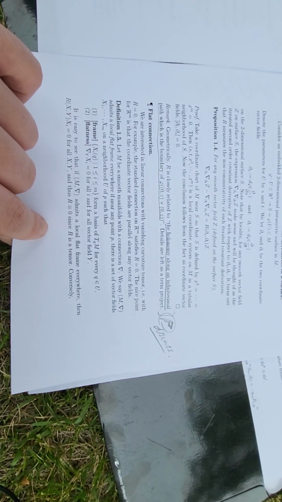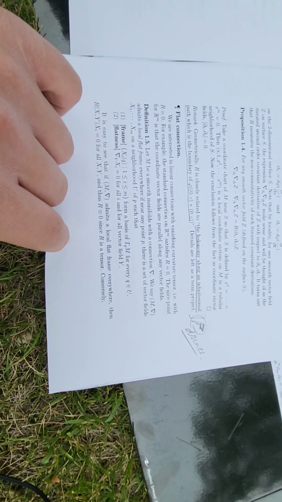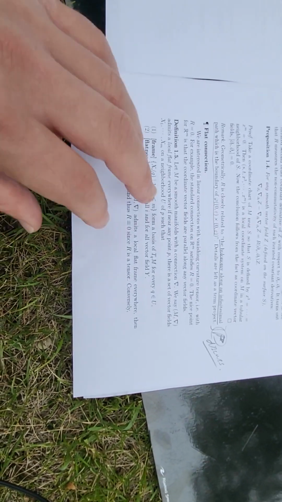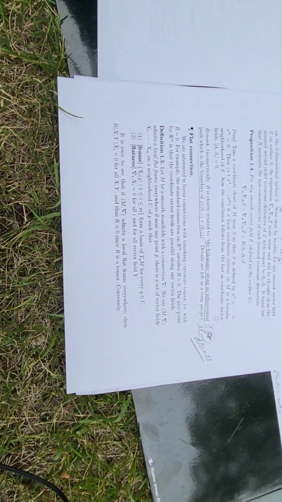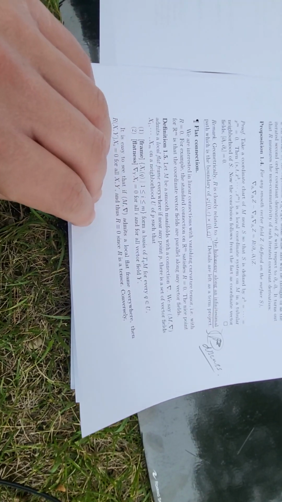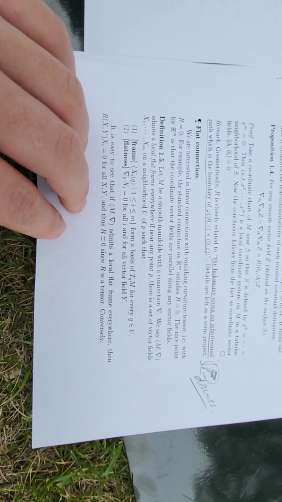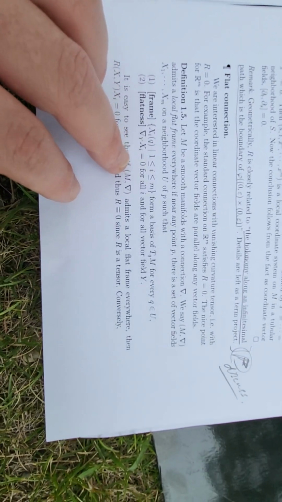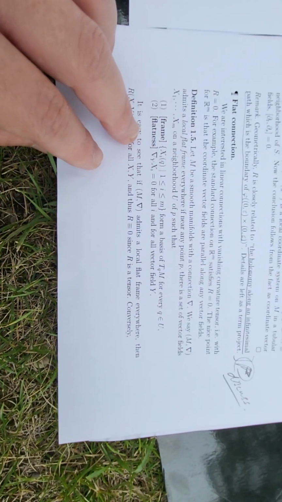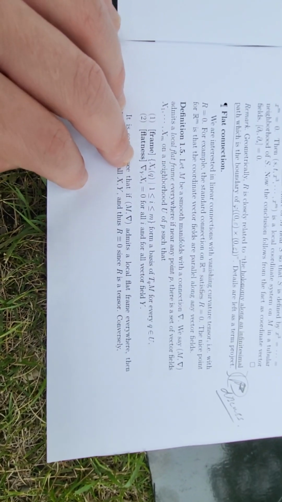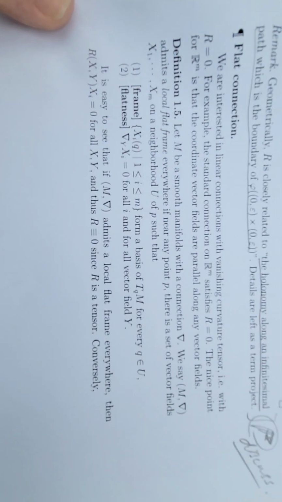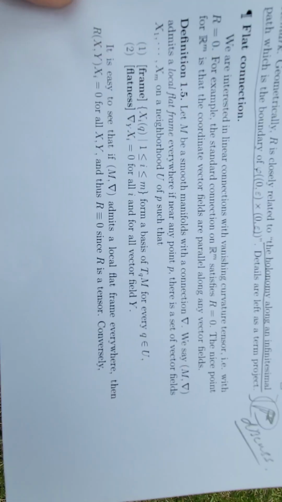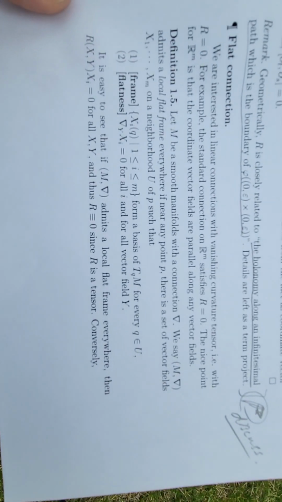Flatness is essentially that locally you can find a local isometry to R^n equipped with the Euclidean metric, and this is only true if the curvature tensor vanishes identically. If the curvature tensor vanishes identically, that's if and only if your manifold admits a local flat frame.